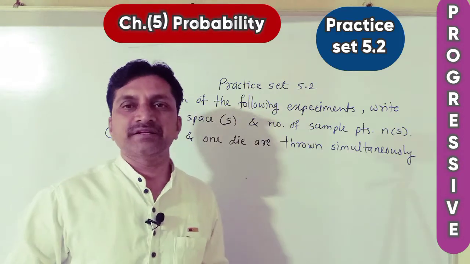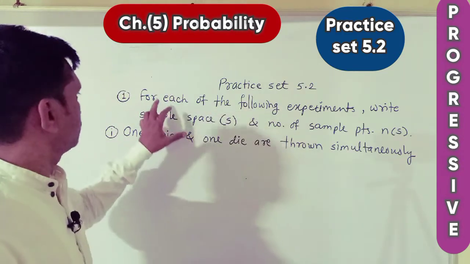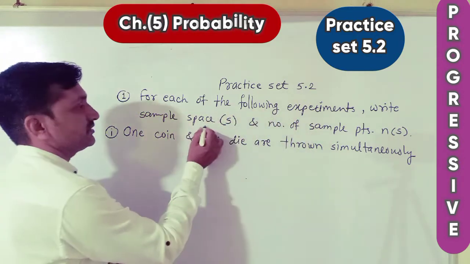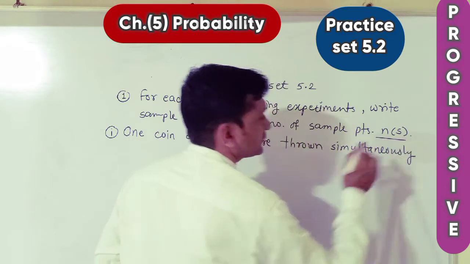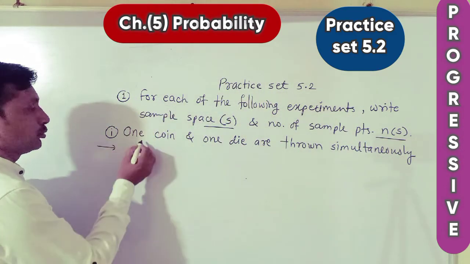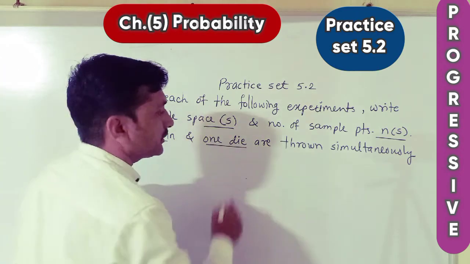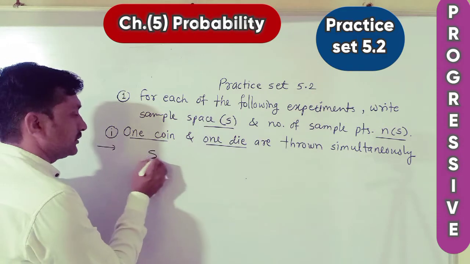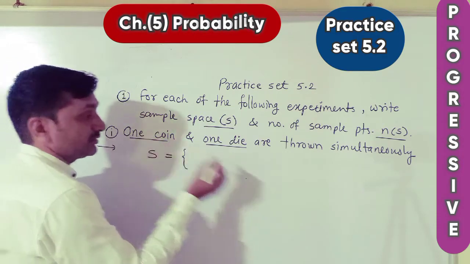Now let's start practice set 5.2. First question: for each of the following experiments, write sample space S and number of sample points NS. The first random experiment is one coin and one die are thrown simultaneously. Now S is equal to, in curly bracket, one coin.